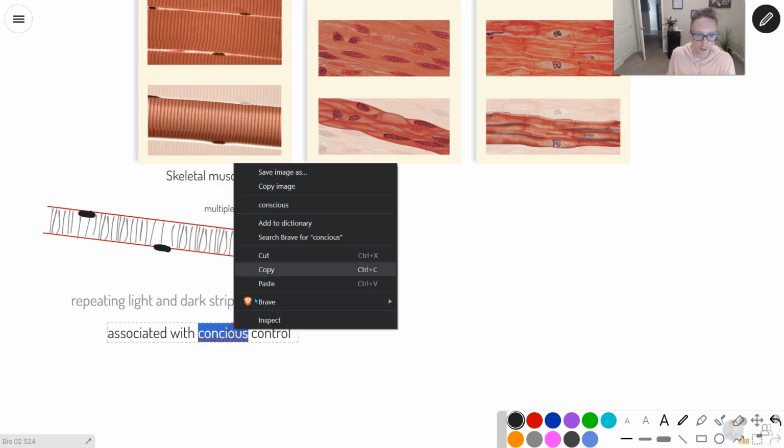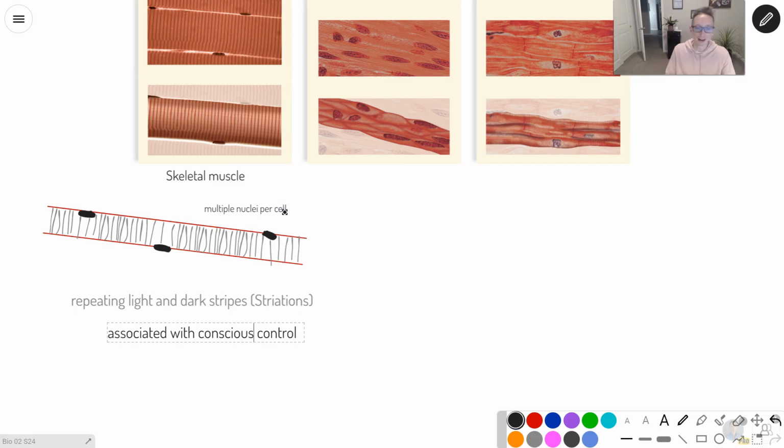So these are the muscles we can control with our awareness. Examples would be biceps, triceps, quads, glutes, tongue, for example.